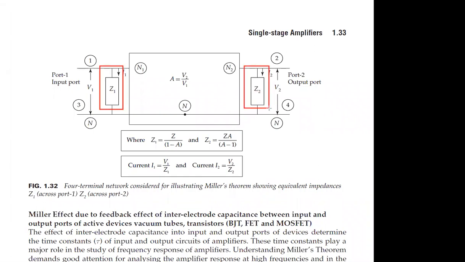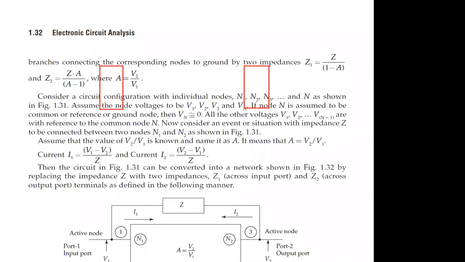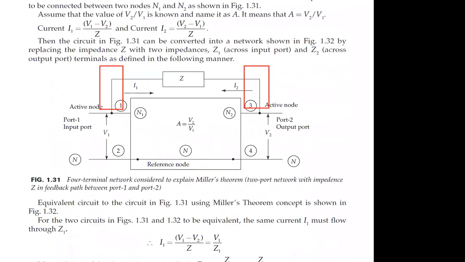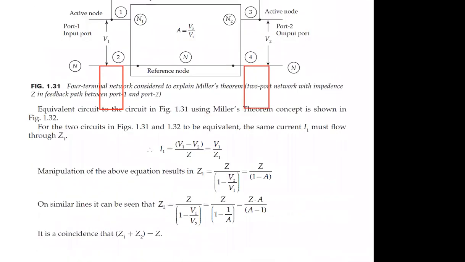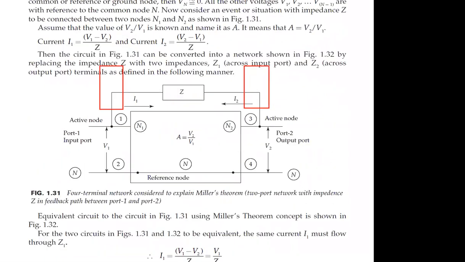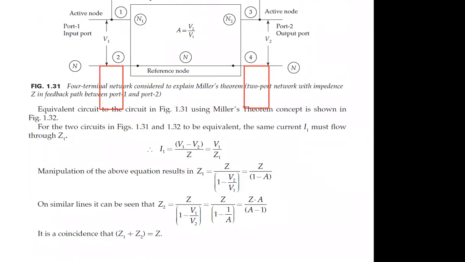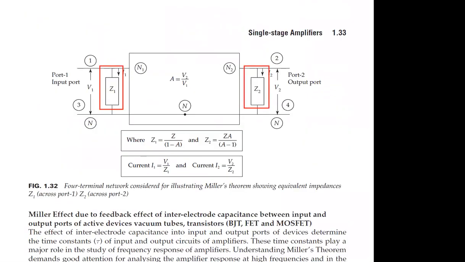Observe the previous circuit and how Z is divided. Z is transformed to both the input and output, and it is now represented like this, where Z1 equals Z by 1 minus A and Z2 equals ZA by A minus 1.